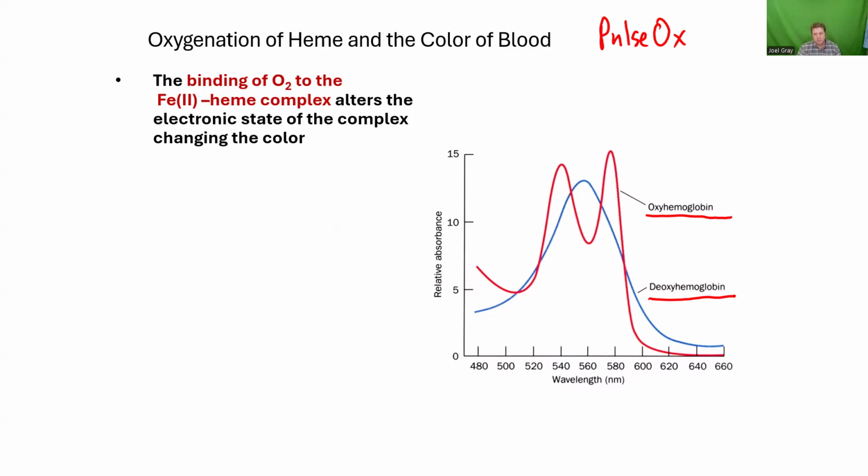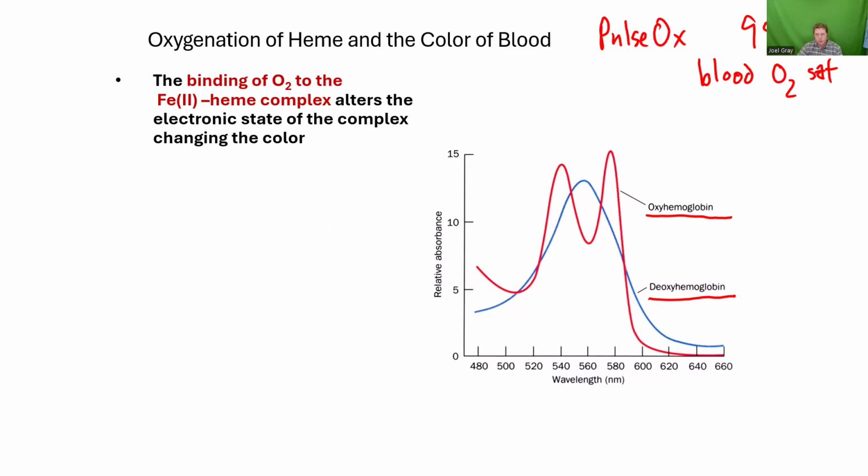The idea is that you want this to be 95 percent or higher for your blood O2 saturation.